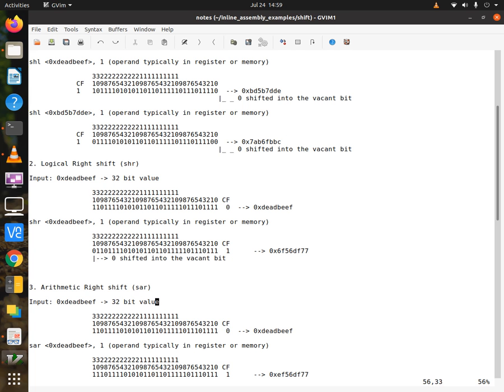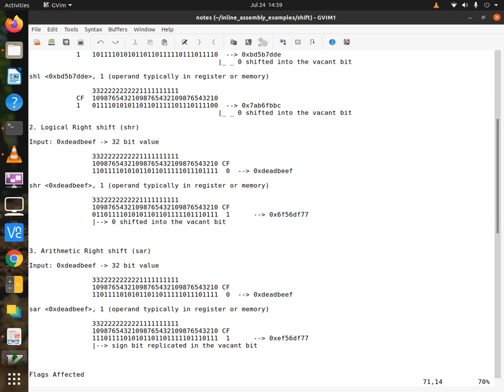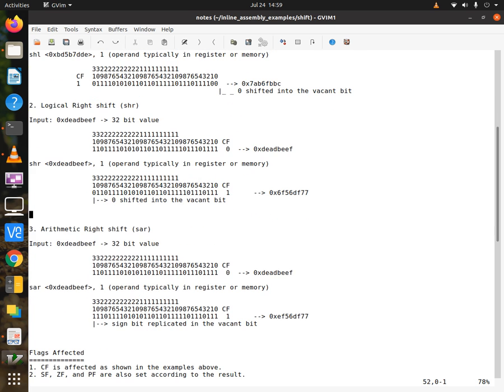The arithmetic right shift, SAR, is very similar to the logical right shift, except that in the vacant bit, instead of a 0 being shifted unconditionally, it is the most significant bit of the original operand that gets replicated. So that's essentially the sign bit which gets preserved as a result of doing the shift.